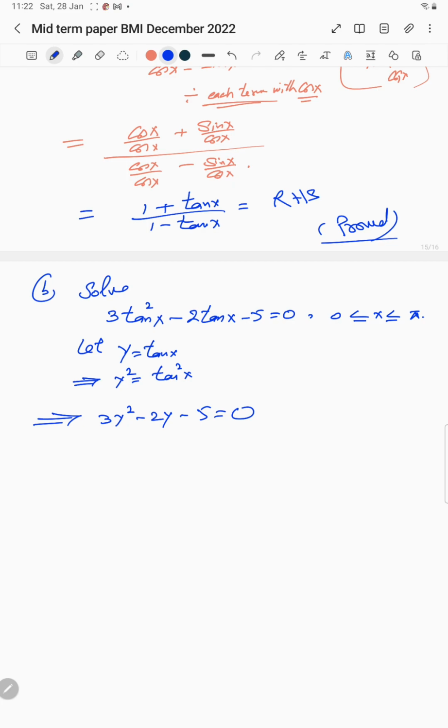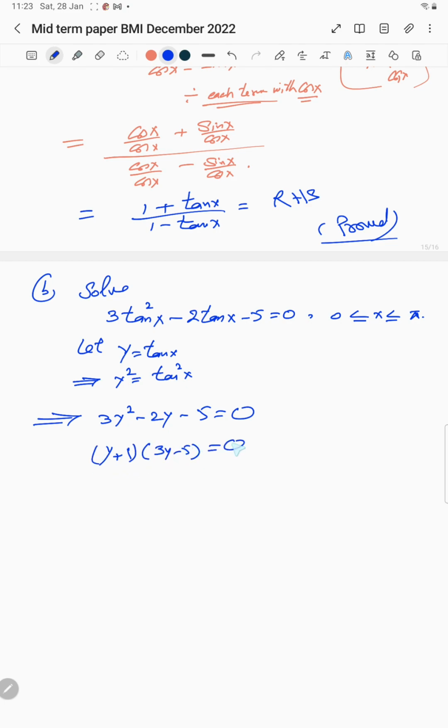Okay guys, here we get the quadratic equation in terms of y, so you can apply the quadratic formula, factors, and any approach to solve this. And finally I'm going to apply the mid-term break rule here. So after that I will get (y plus 1)(3y minus 5).